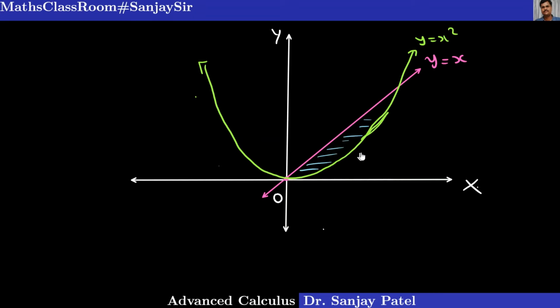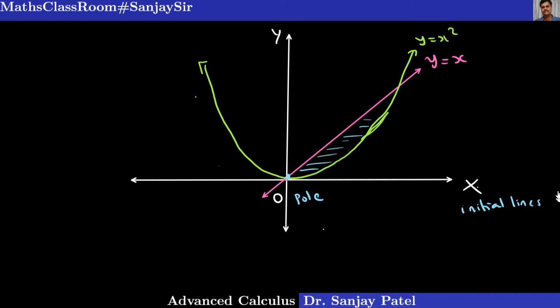Okay. Now, when we change into polar coordinates, we always take a ray, and we consider this origin itself as a pole, and this OX as the initial line. You know what the polar coordinate system is.